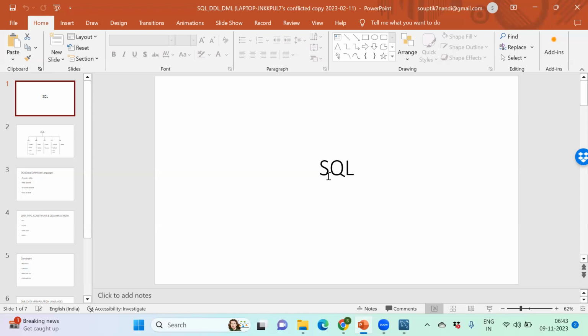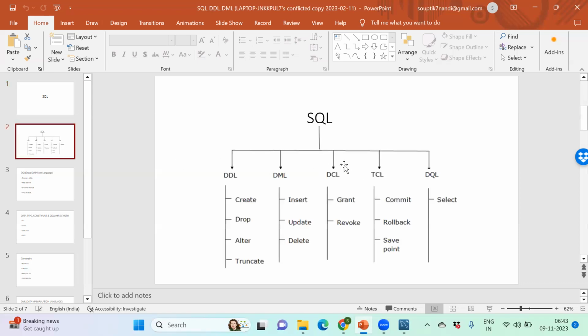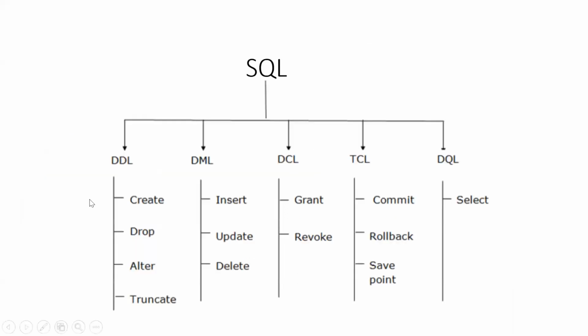It's called SQL or sequel. The full form of SQL is Structured Query Language. The entire Structured Query Language can be segregated into five types of language: DDL, DML, DCL, TCL, and DQL.